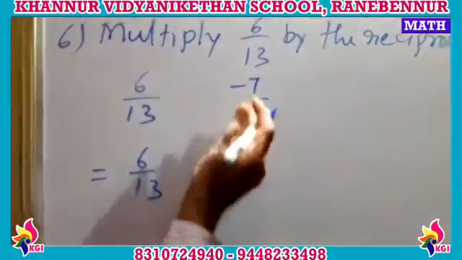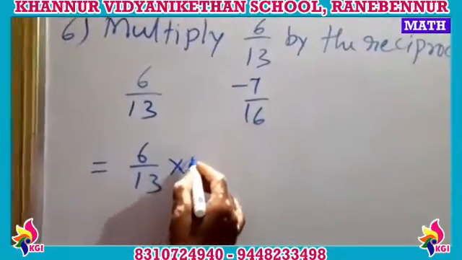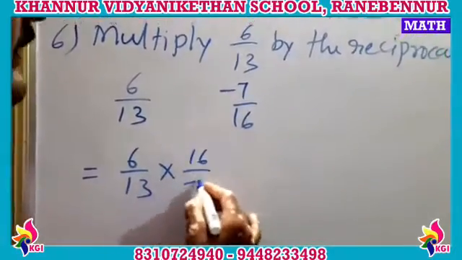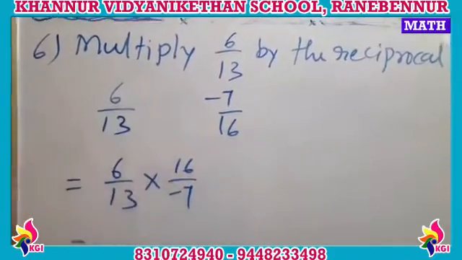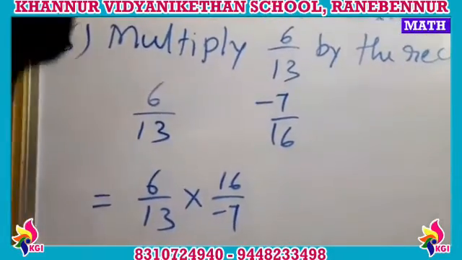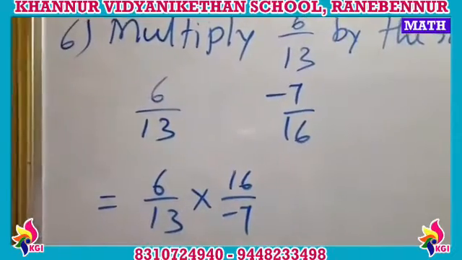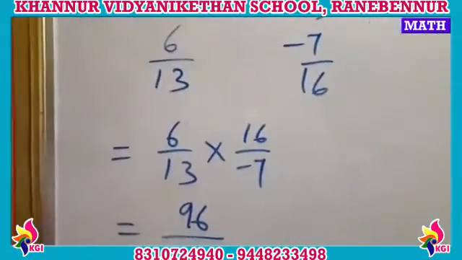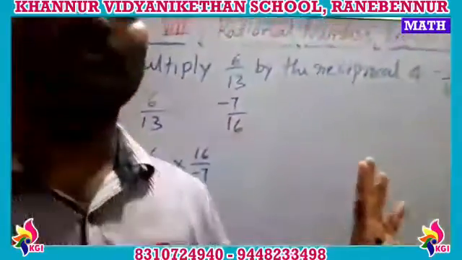The multiplicative inverse of -7 divided by 16 is 16 divided by -7. So I am going to write it as 16 times 6, which is 96. You have to learn tables, children. Next, 13 sevens are 91.